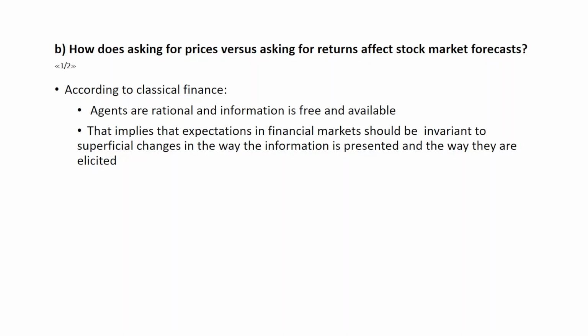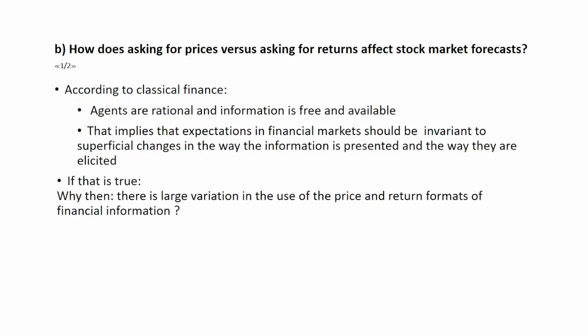However, if that's true, if there's no difference, then there's a very important question here. Why do we have in the market different possible sources of financial information with different formats of prices and returns?